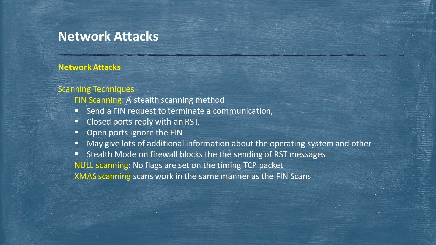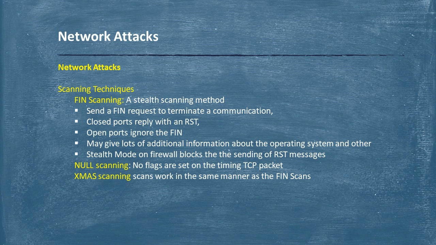The second one is called the FIN attack. This is again TCP/IP based, using the three-way handshake. The attacker sends a FIN request to terminate communication. Closed ports reply with a reset, RST. Open ports ignore the FIN.